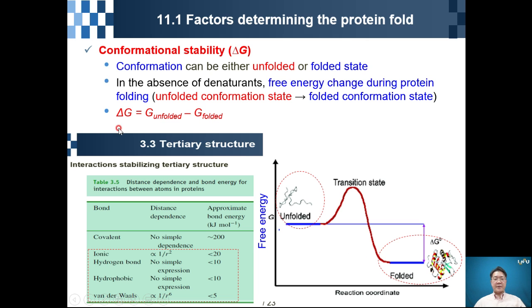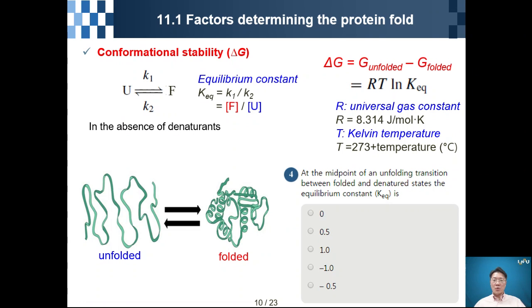This is delta G conformational stability. The important thing is that it is in the absence of denaturant. In this slide, we will learn how to calculate conformational stability, delta G. In the previous slide we learned that delta G is the free energy of the unfolded protein minus the free energy of the folded protein.